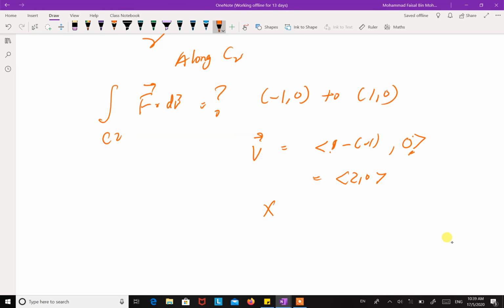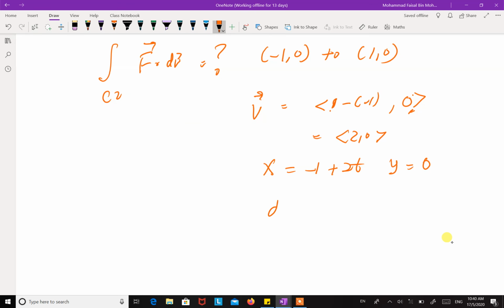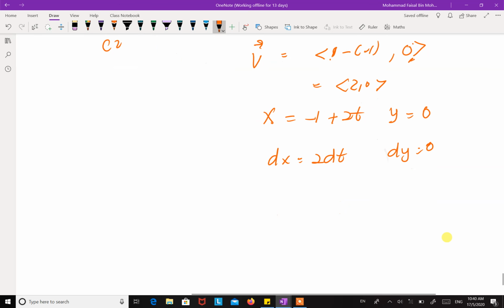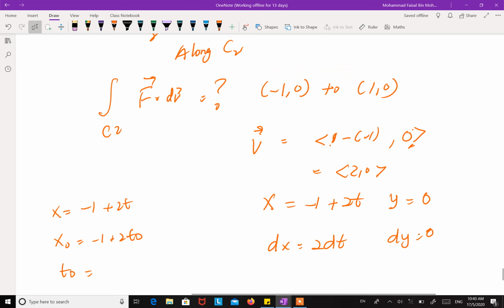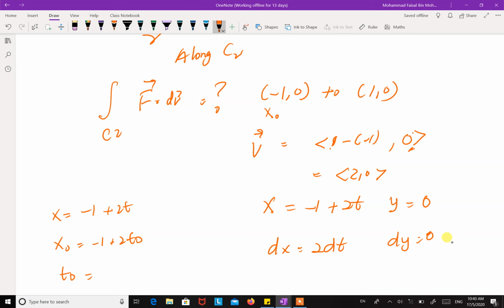So now your x will be -1 plus 2t. Your y is 0. So dx will be 2 dt, and dy will again be 0. I just say this is x naught, y naught, x1, y1.